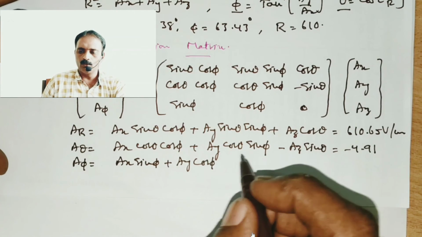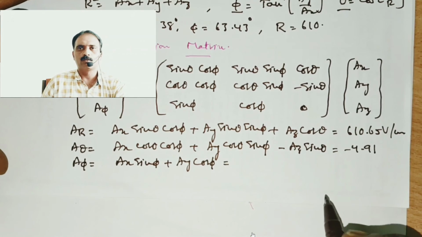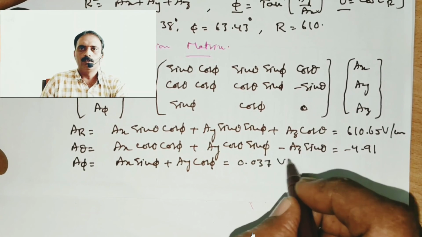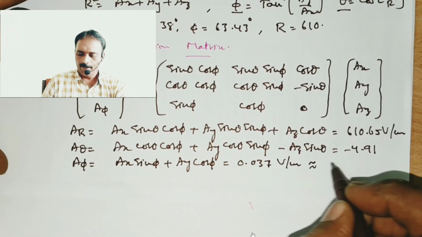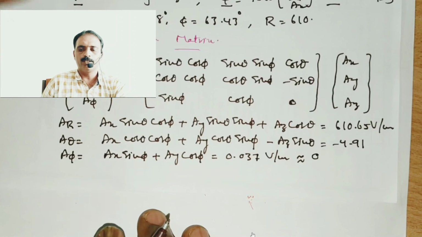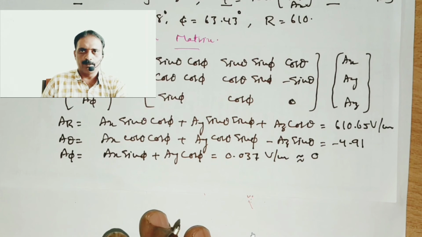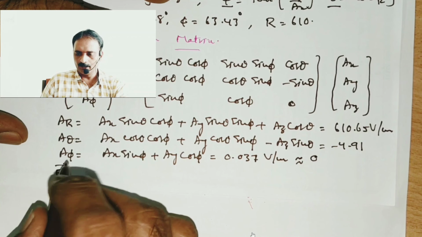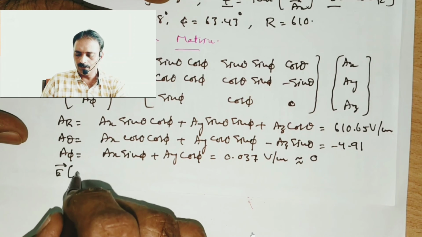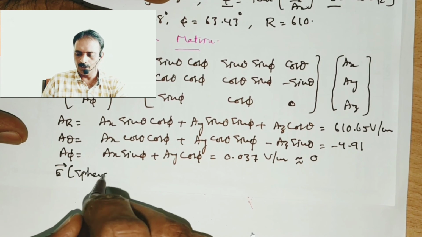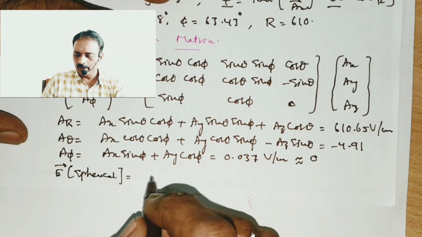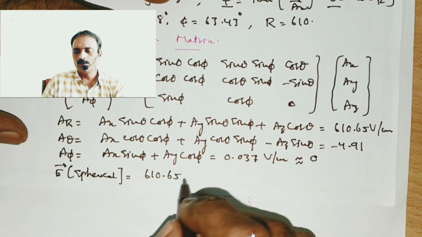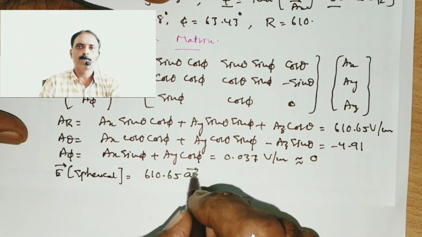This gives rise to a value of 0.037 volts per meter. Approximately it can be neglected because it is a very small value. Approximately you can consider it as equal to 0. And hence finally we are going to have the electric field intensity in the spherical coordinate system equal to 610.65 into Ar bar minus 4.91 into A theta bar volts per meter.